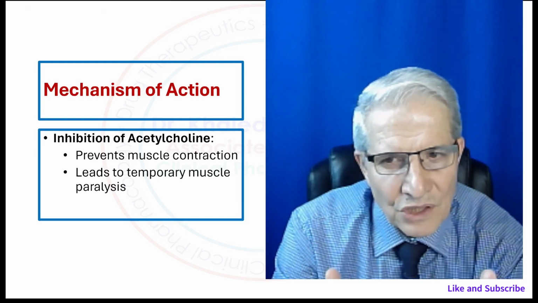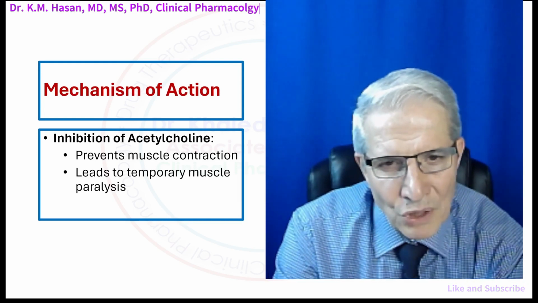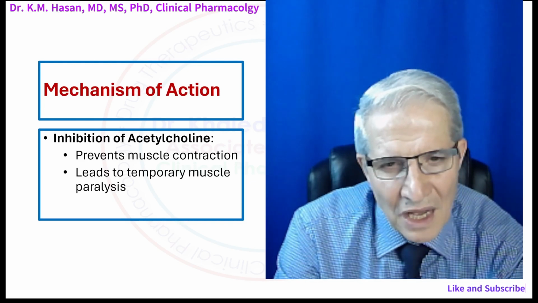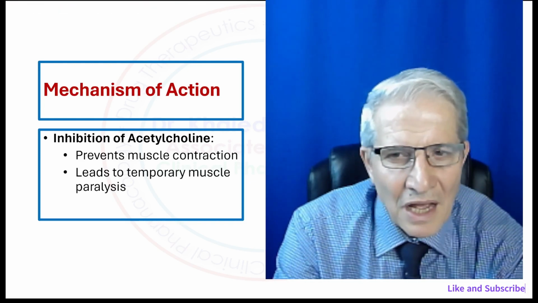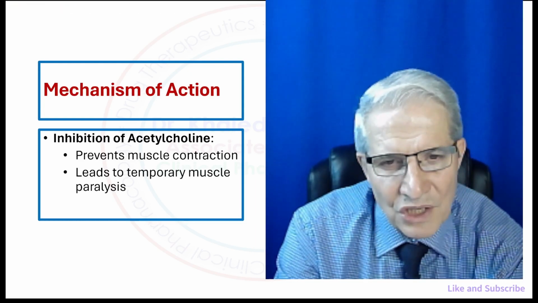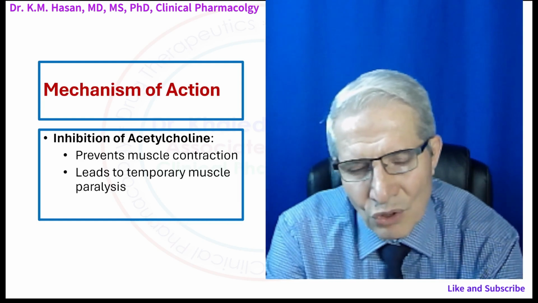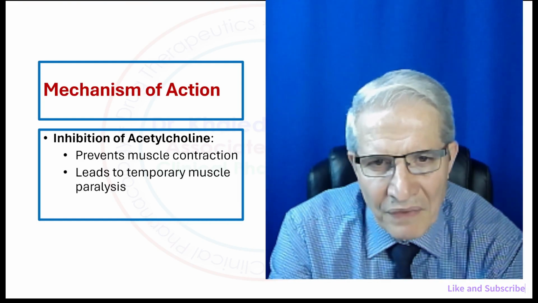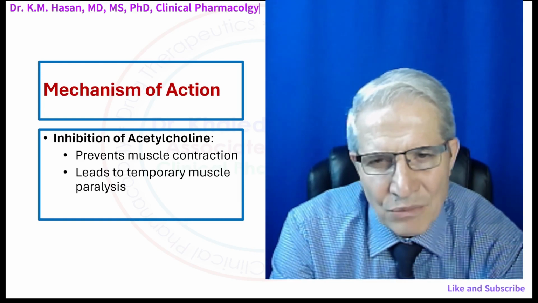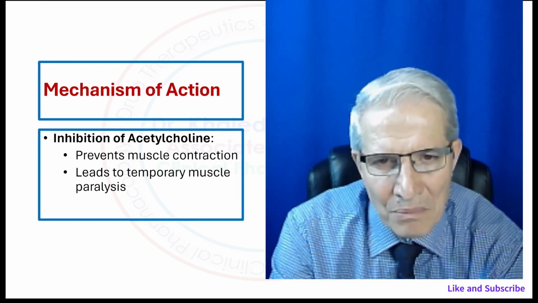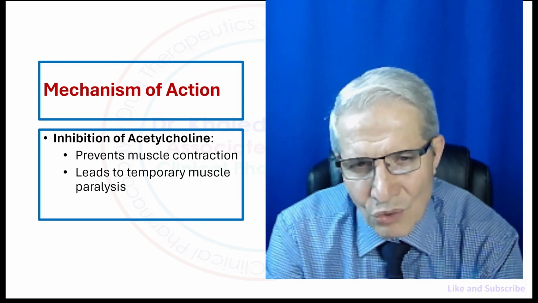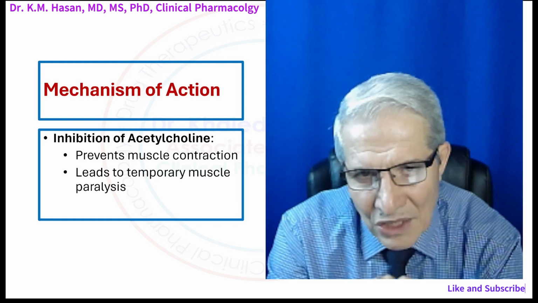Acetylcholine binds to a type of component on the cell surface called a receptor, and this specific type is called the nicotinic receptor. So acetylcholine binds to the nicotinic receptor and causes activation, and this activation leads to depolarization, action potential, and skeletal muscle contraction.